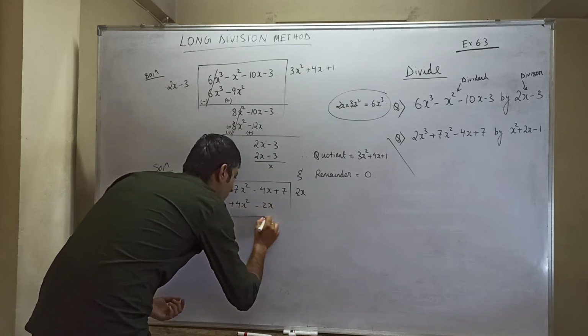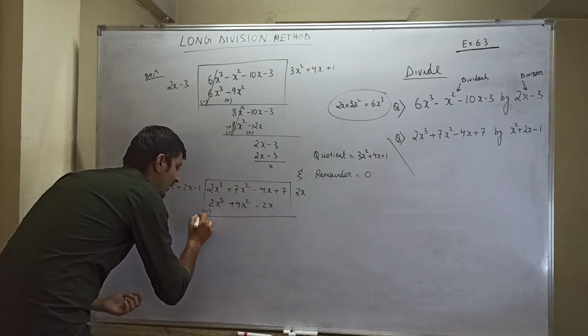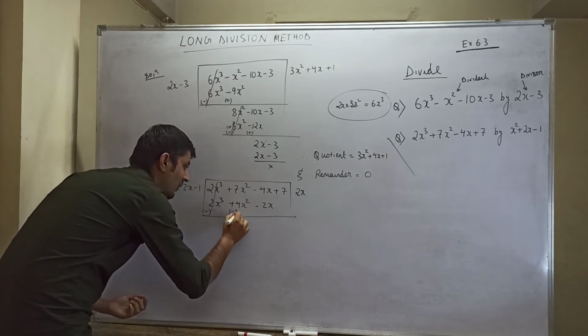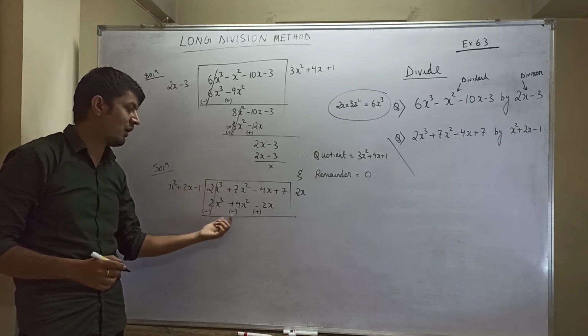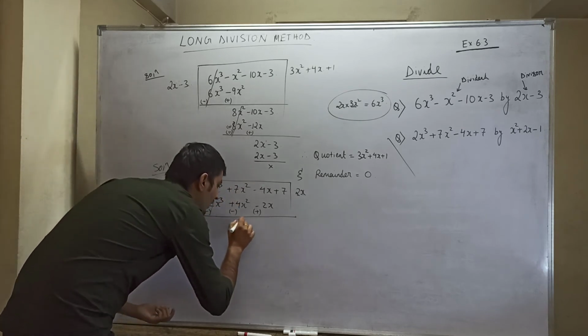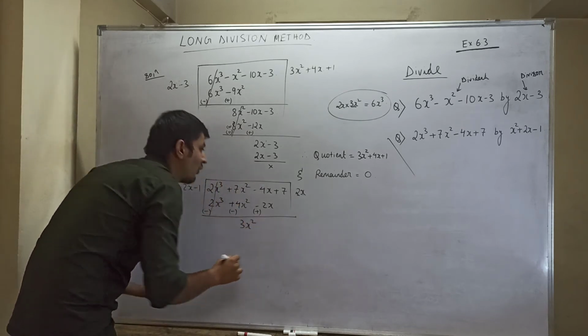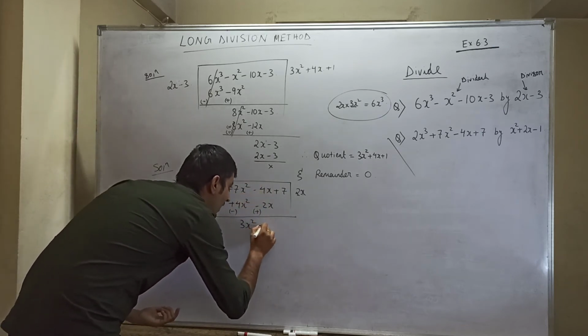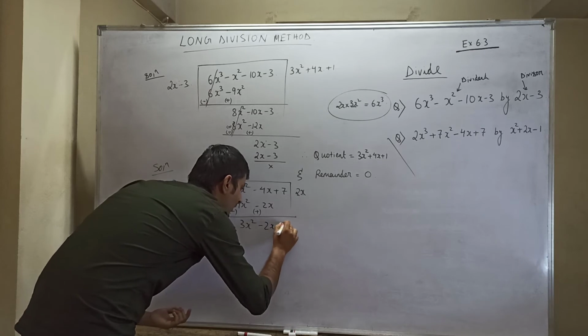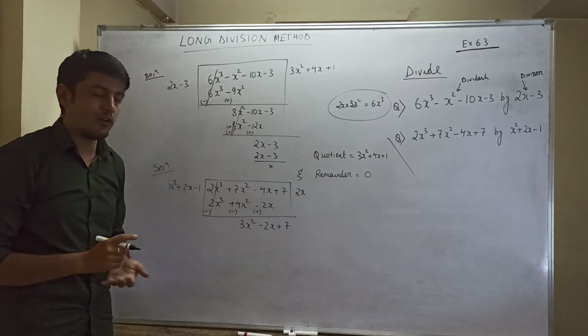You do subtraction, so change of sign: minus will cancel, this will become minus and this will become plus. So 7x squared minus 4x squared will become 3x squared. Then minus 4x plus 2x will become minus 2x plus 7. I hope you are alright with this.